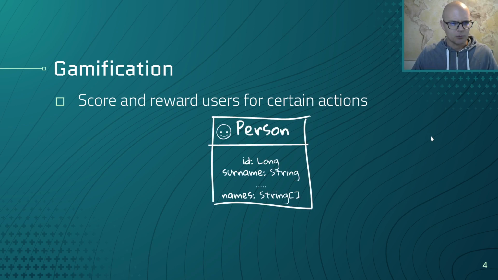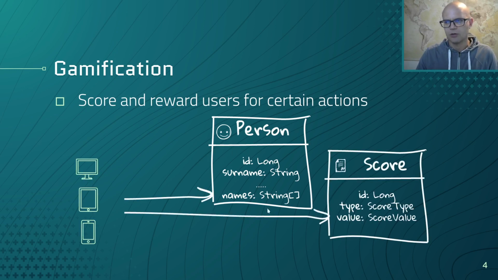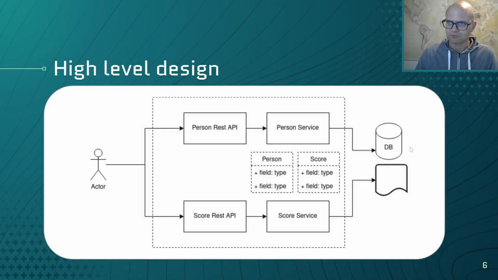That's quite a big object, and it contains quite a lot of information about that person. And then a person has a score. And then you will obviously want to have some view on this from a web page or a cell phone or tablet or something. So let's start off with showing you the REST application as it's built already.